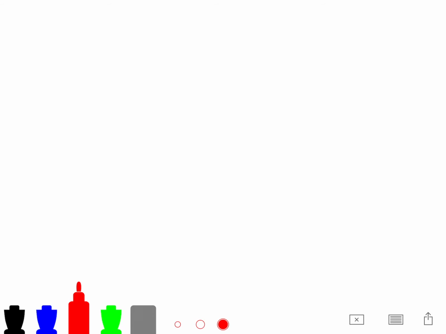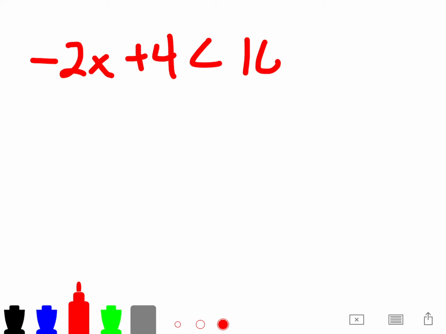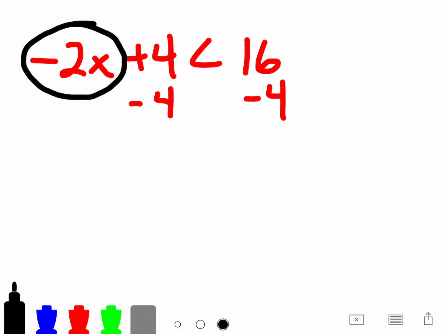So let's do a couple of examples really quick. If I have negative 2x plus 4 is less than 16, we're going to solve this just like a two-step equation. I'm going to subtract 4 on both sides first.